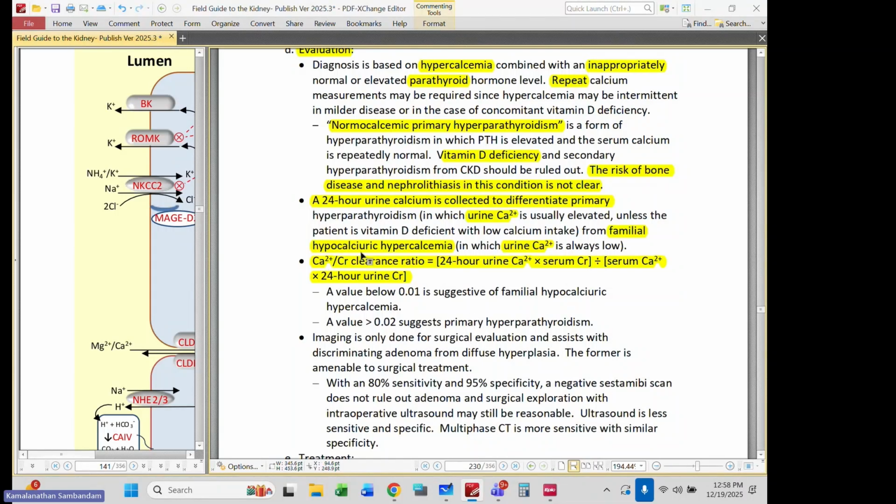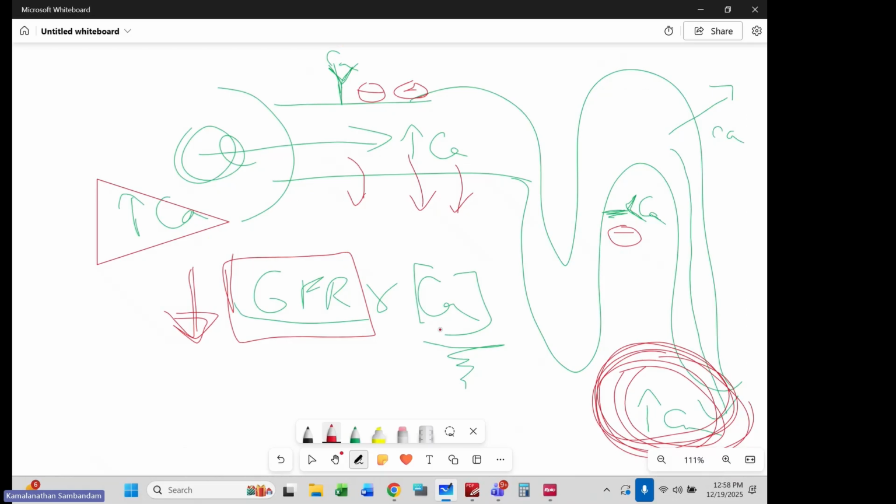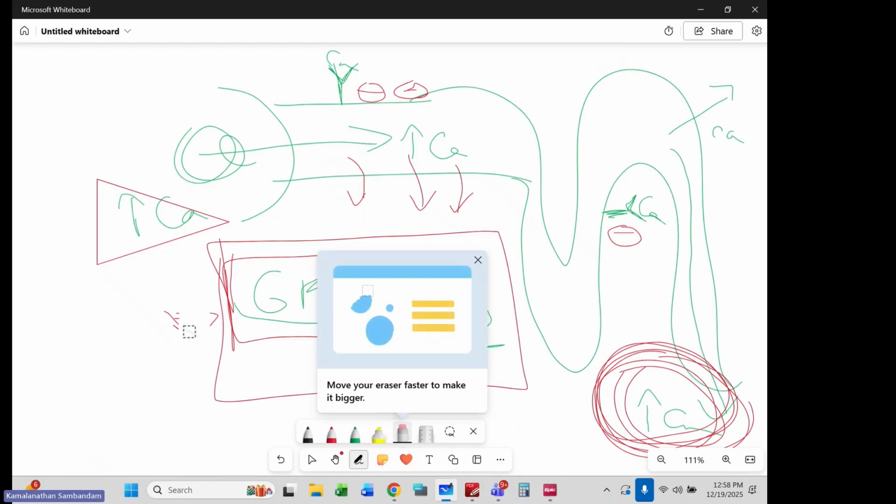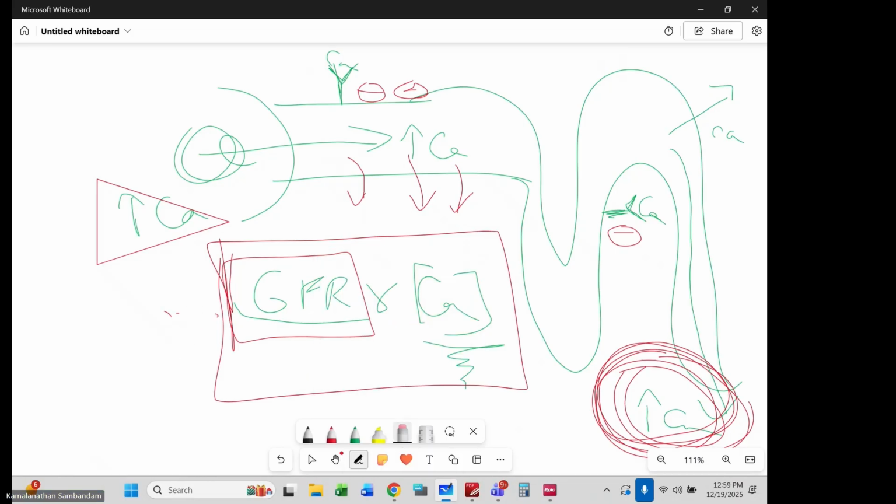There's another benefit of doing a fractional excretion of calcium, and that is when you have CKD, because your urinary calcium is low, because your filtered load of calcium is low, right? This is my filtered load of calcium. It's the product of my GFR and my serum calcium. So if I have diminished GFR, then my ability to mount hypercalciuria will be blunted.